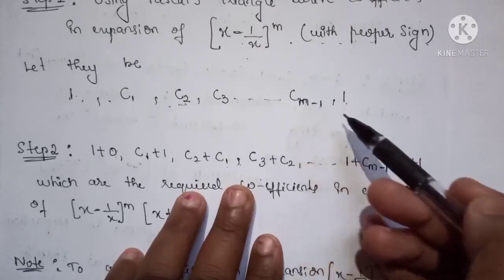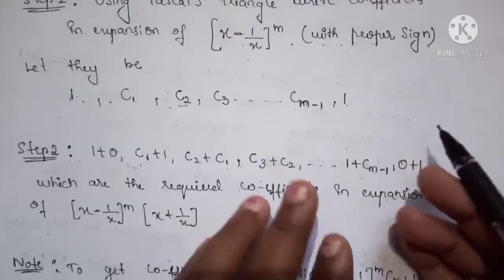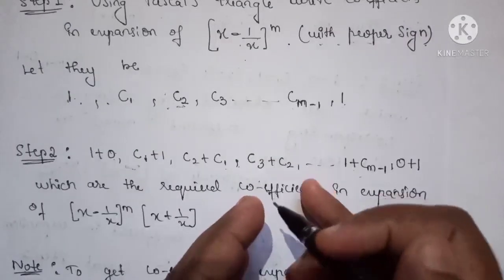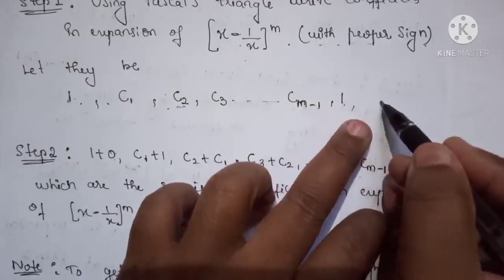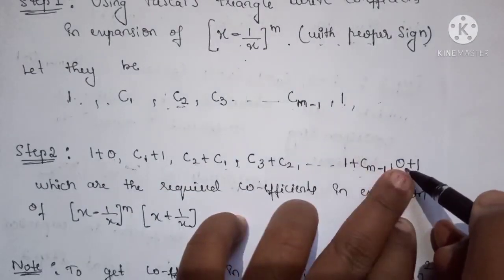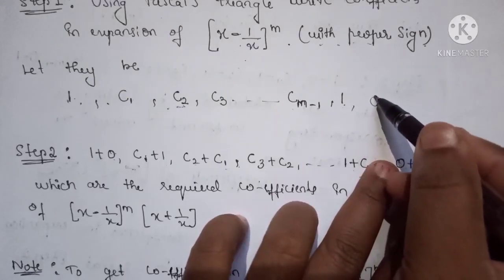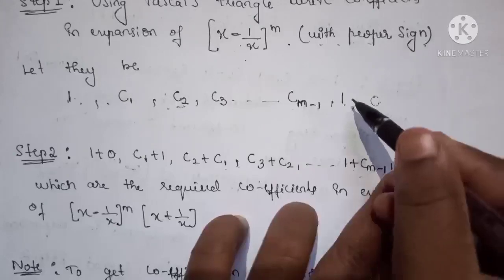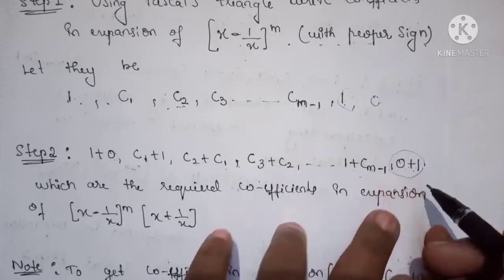We take 1 plus Cm minus 1, that means the last one. For the last term, we get one extra term, so for the next term we consider 0 plus 1, because there is no corresponding term, so we take it as 0 and the previous one is 1. So lastly we get 0 plus 1.